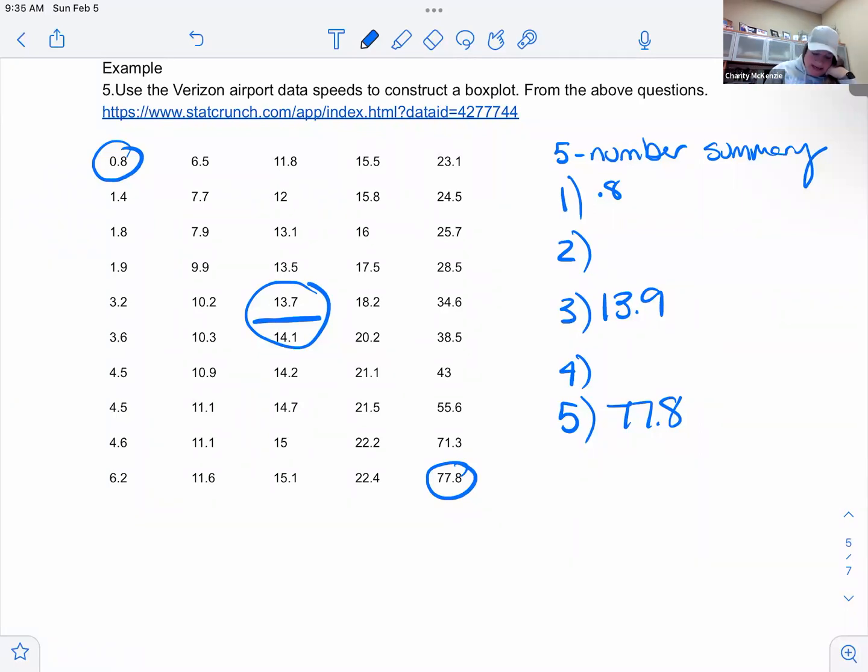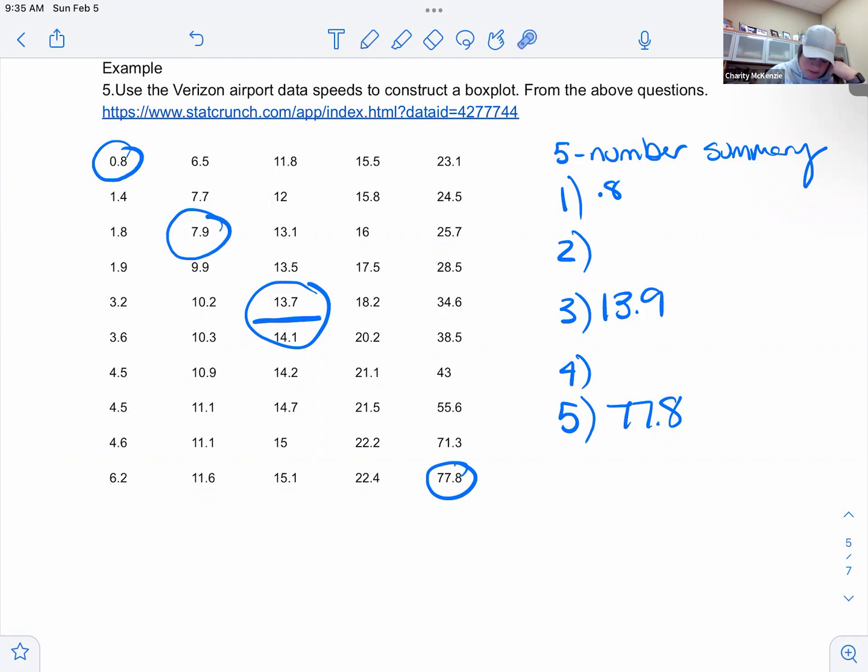So the median of the lower half, so that's going to be about 12 data values, right? Because it's 25. So I think 12 plus 12 is 24 plus one extra. So about 1, 2, 3, 4, 5, 6, 7, 8, 9, 10, 11, 12. So I'm thinking this is right in the middle.